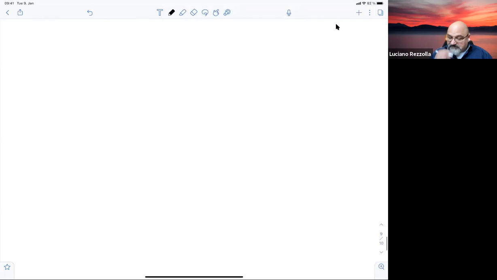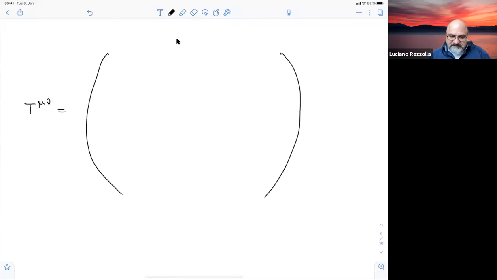Because this is a tensor, I can represent these as a matrix, okay? And I can think that I have 16 slots here.